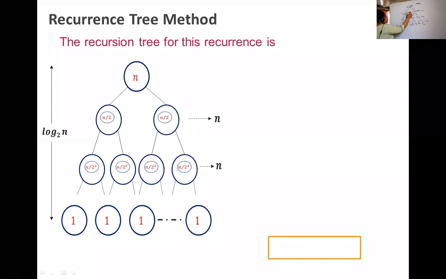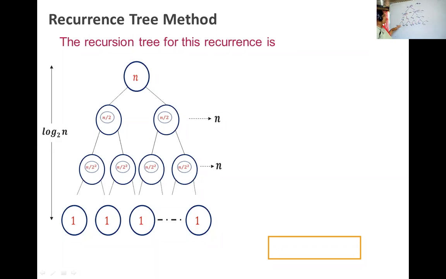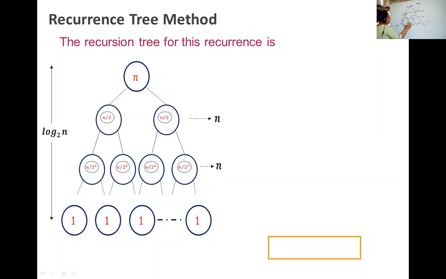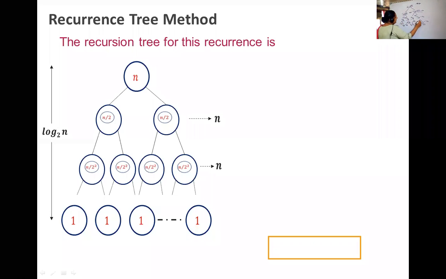If you do merge sort according to mid, you will divide the elements into two equal halves. Then again, we will find the mid and we will again divide this. Again, we will find the mid and divide.